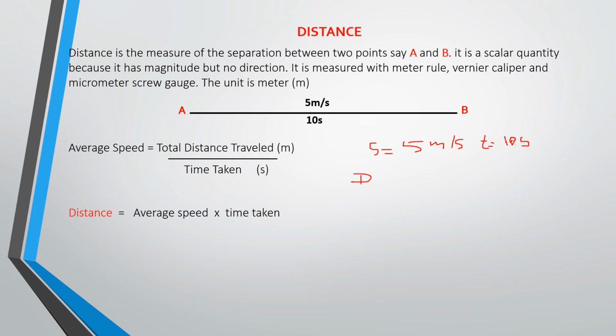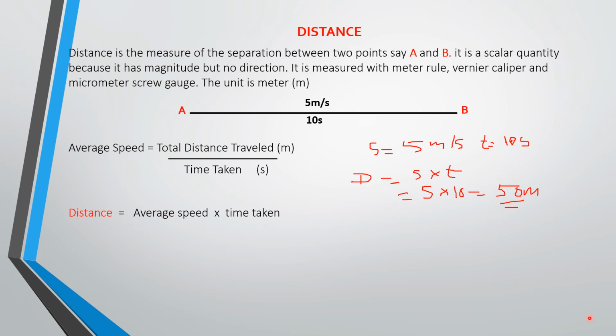Distance is equal to speed times time. So substitute these values there: 5 times 10, and that gives you 50 meters. So that is the distance that will be covered by this ball that cycles from A to B.